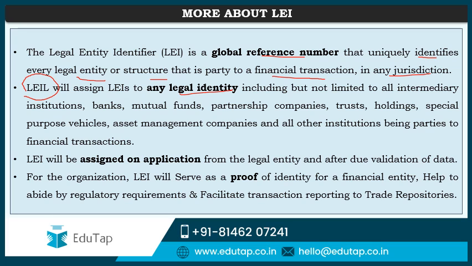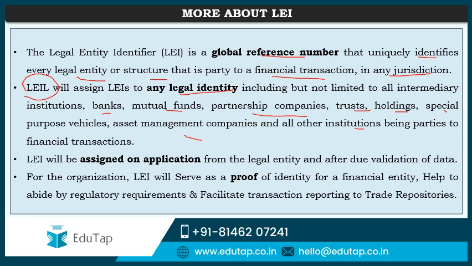So what all institutions are going to obtain this code? Banks, mutual funds, partnership companies, trusts, holdings, special purpose vehicles, asset management companies, and all other institutions which are parties to a financial transaction will be required to obtain this code as per the RBI guidelines.